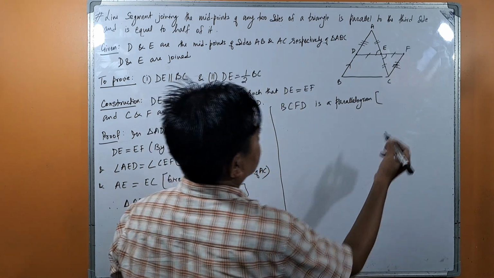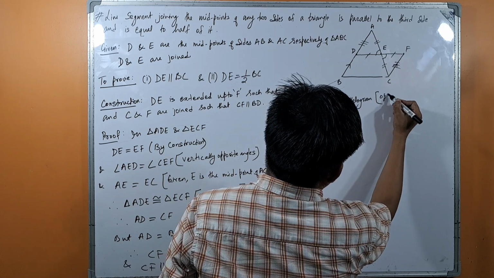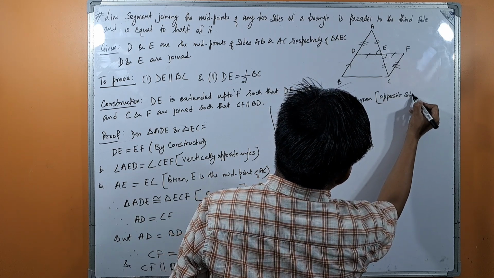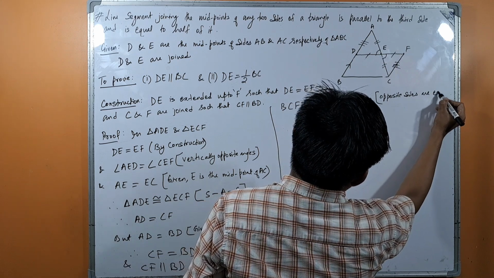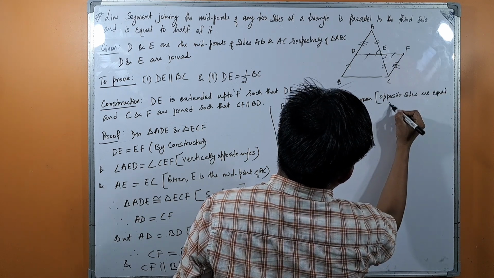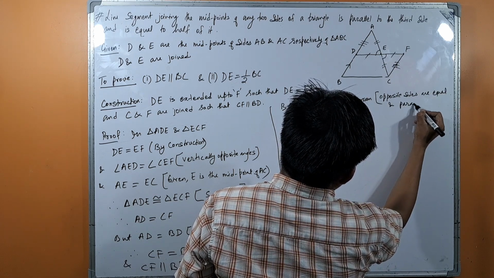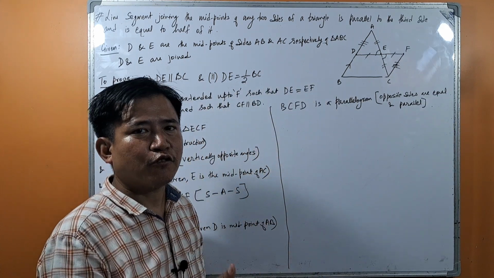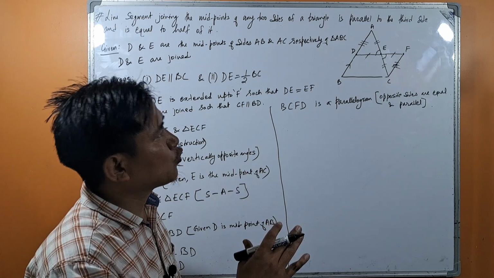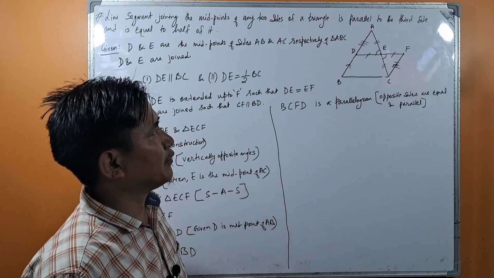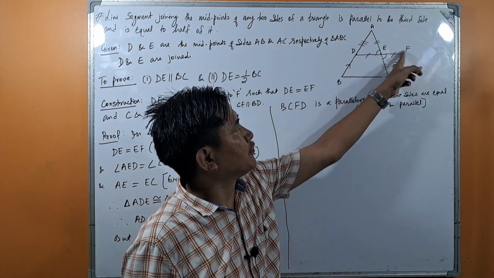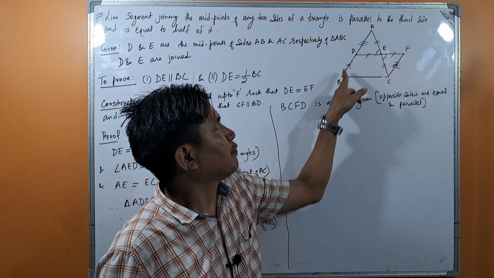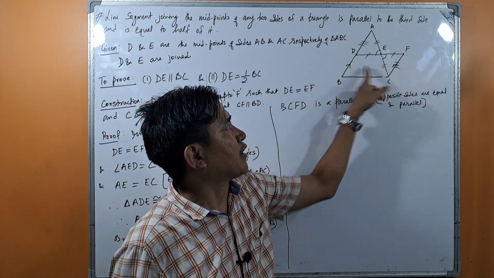Because opposite sides are equal and parallel. If opposite sides are equal and parallel, then that quadrilateral is called a parallelogram, isn't it? So BCFD is a parallelogram because the opposite sides CF and BD are equal and parallel to each other.